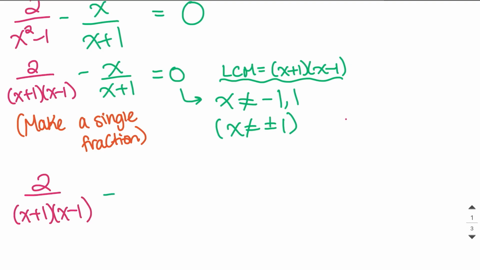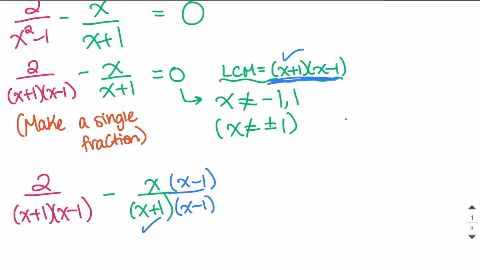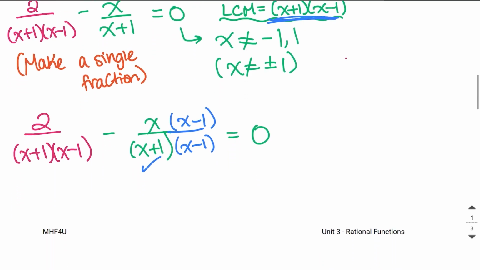And then I'm going to copy down this minus x over x plus 1. But in order to get this LCM that we have right here, I have the x plus 1 in my denominator, but I'm missing this x minus 1. So I'm going to extend this and say that I'm missing an x minus 1. But whatever I do in the denominator, I also have to do in the numerator. And that will all equal 0.